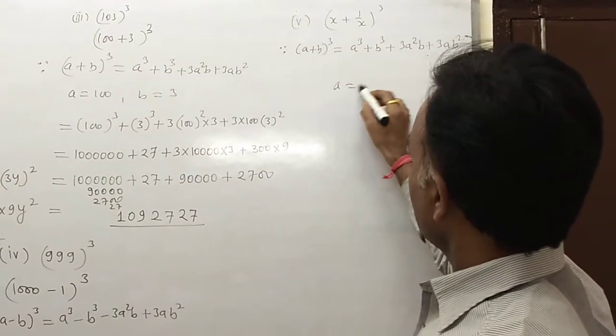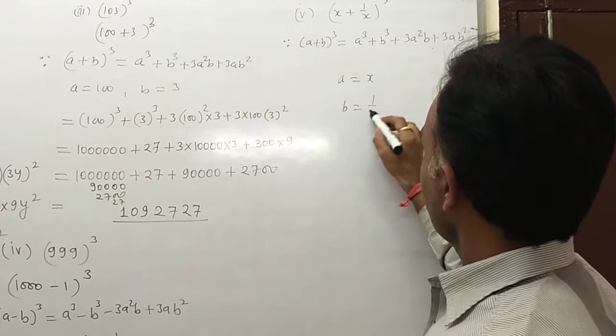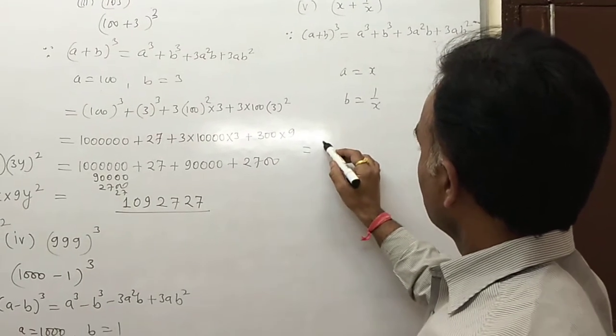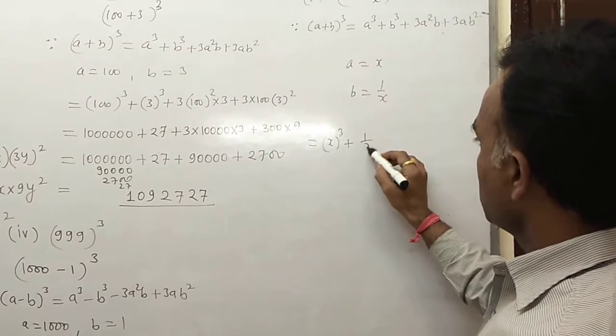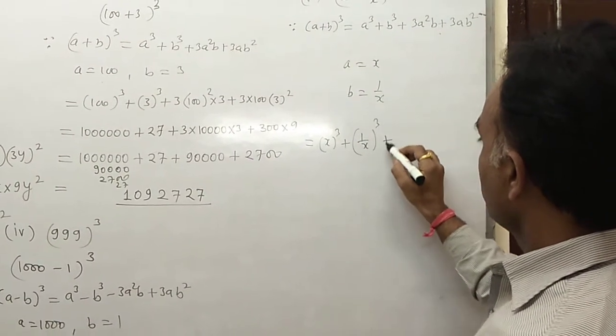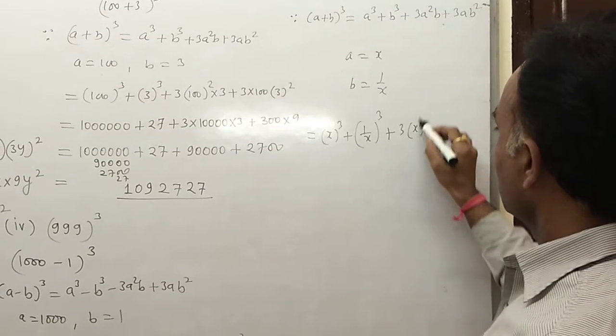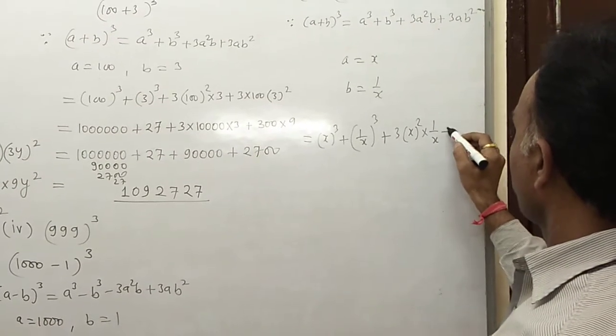The value of a is x, the value of b is 1 by x, and then you put in the given identity.